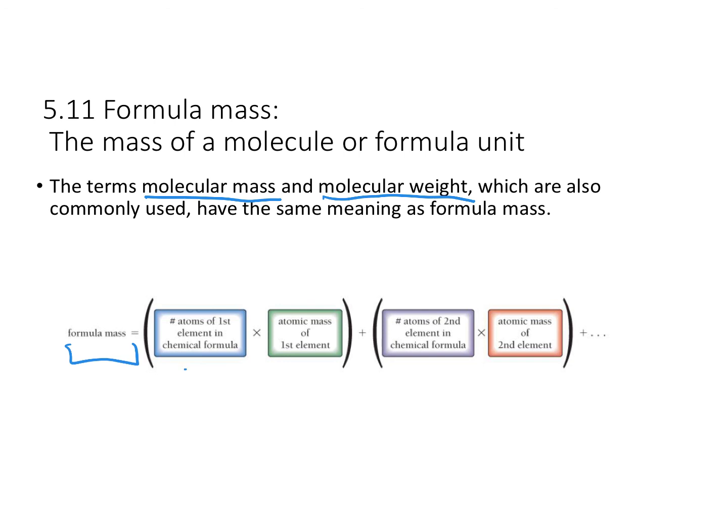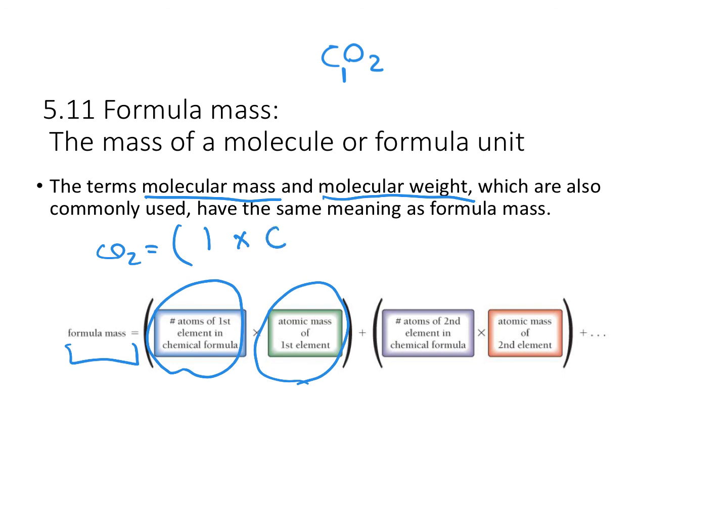I take the number of atoms of the first element in the chemical formula multiplied by the atomic mass of the first element. So in the case of CO2, it would be the number of carbon atoms, which is 1, multiplied by the mass of carbon. And I find that in the periodic table, right?